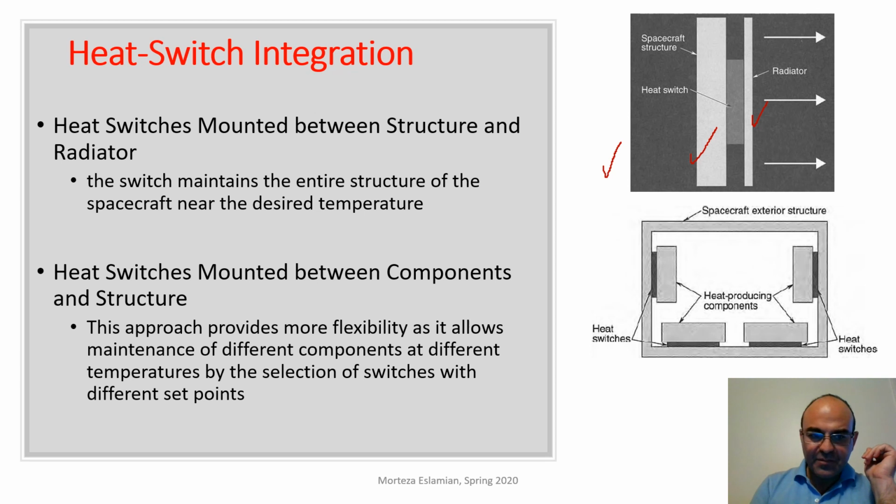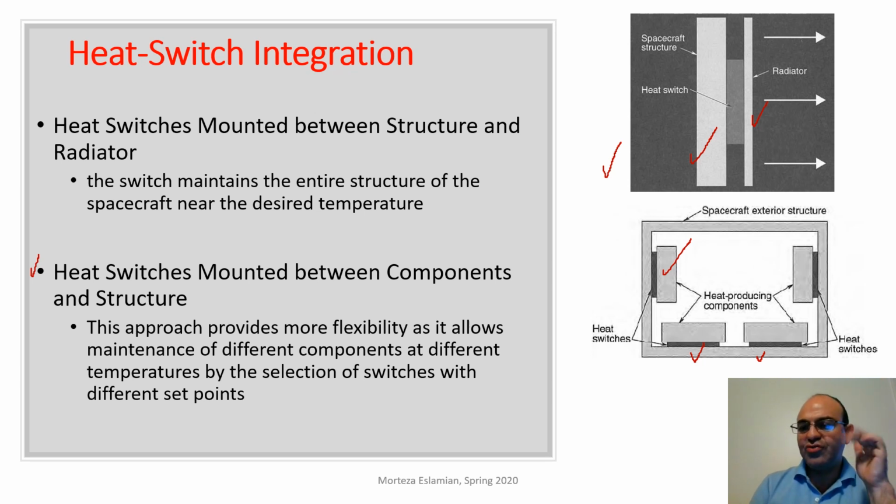In another arrangement, number 2, heat switches are mounted between components and structures. Each component in this case will be attached to the structure using its own heat switch. This approach is more flexible compared to approach 1 because it allows maintenance of different components at different temperatures by the selection of switches with different set points.